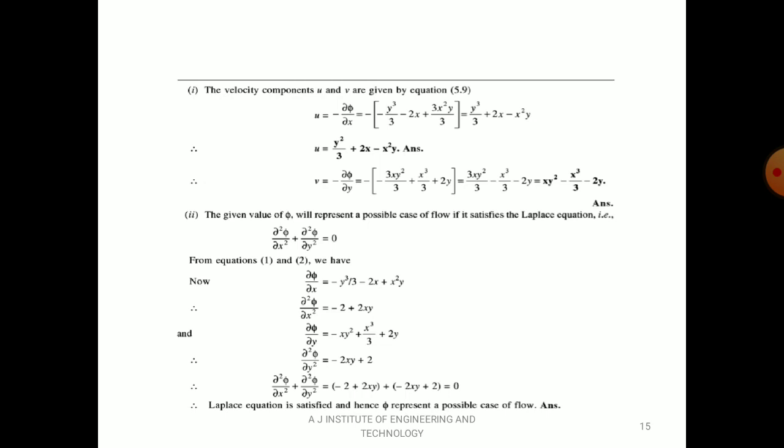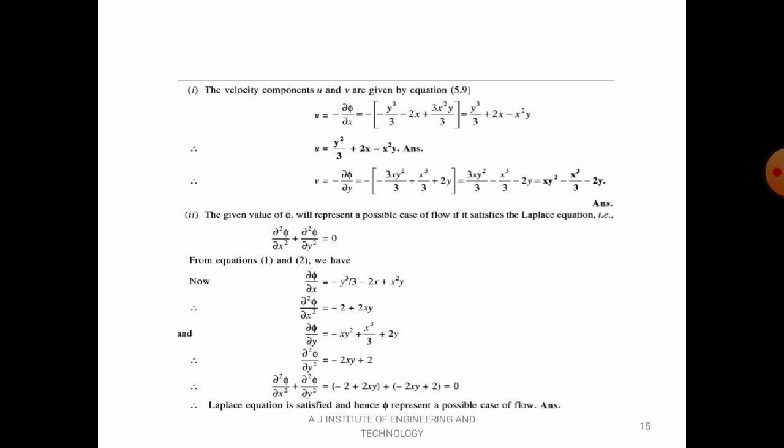From equations 1 and 2, that is dou phi by dou x and dou phi by dou y, we have dou phi by dou x equal to minus y cube by 3 minus 2x plus x square y. Differentiating the above expression with respect to x again, dou square phi divided by dou x square equal to minus 2 plus 2xy. And dou phi by dou y from equation 2 equal to minus xy square plus x cube by 3 plus 2y.